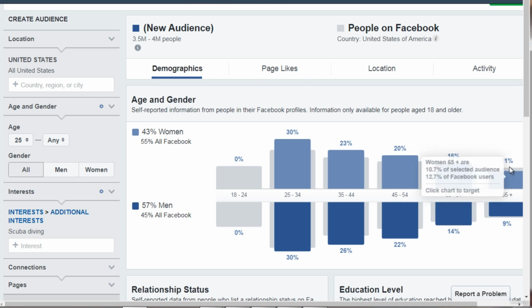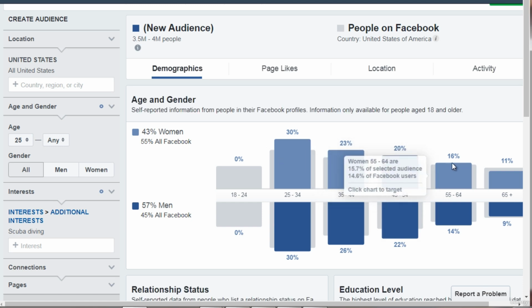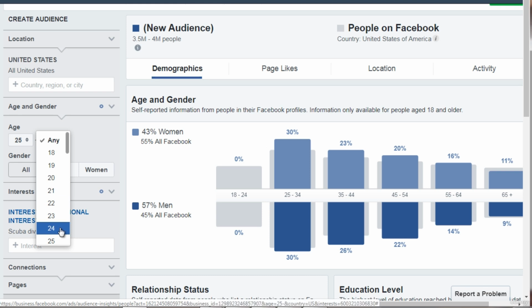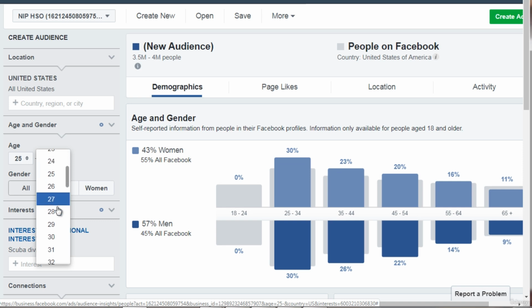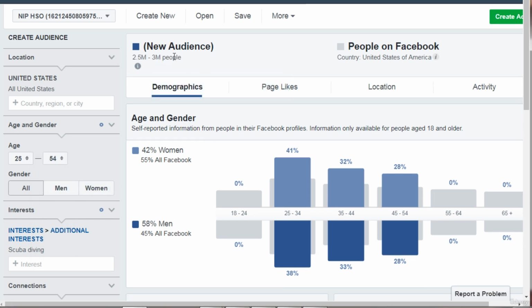So let's just say we're going to start with this group here, and let's end it at 54. And now we have about 2.5 to about 3 million.